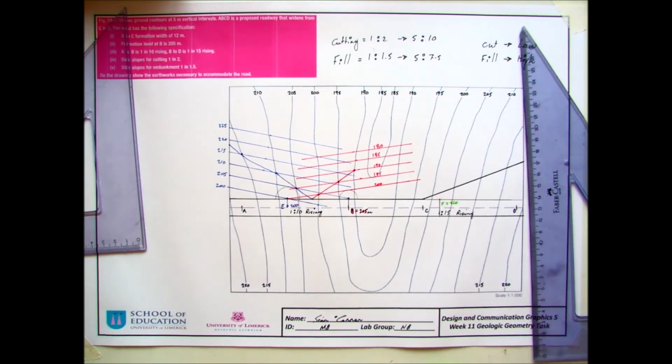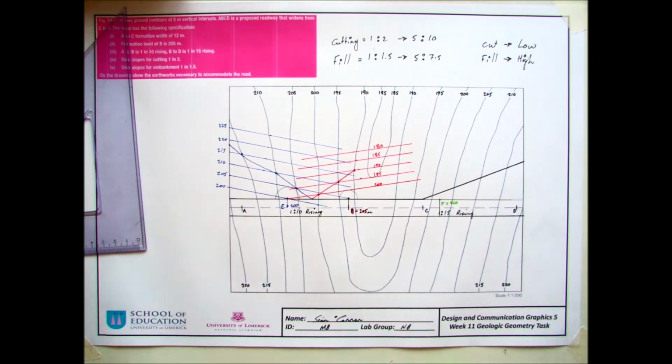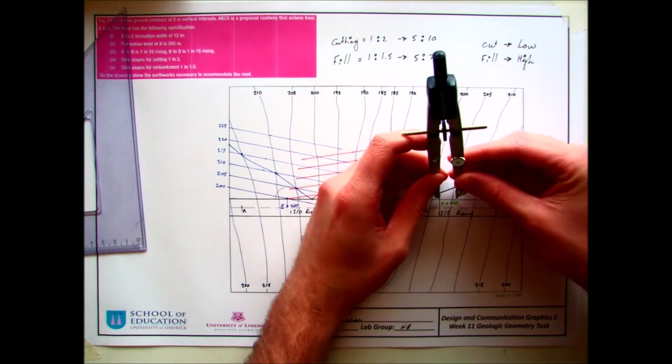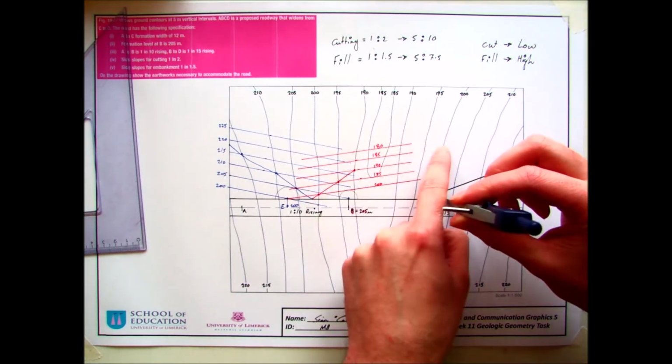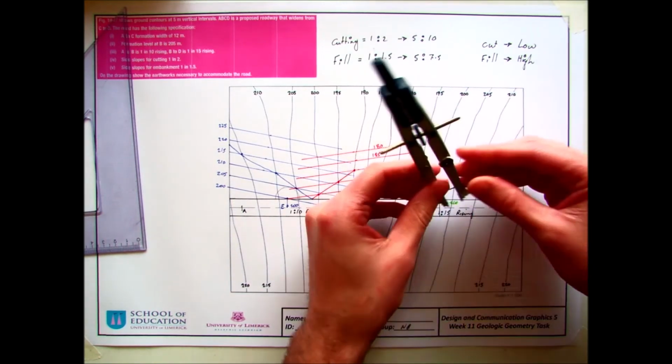And I'm going to draw my 7.5 circle because we're still filling. And the reason I know we're filling is because all these contours are still below 210.